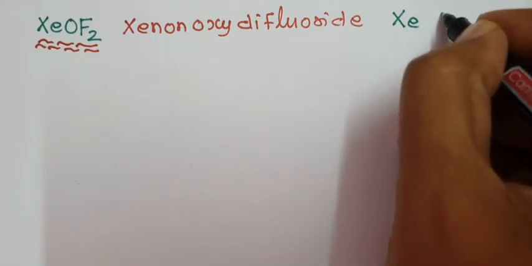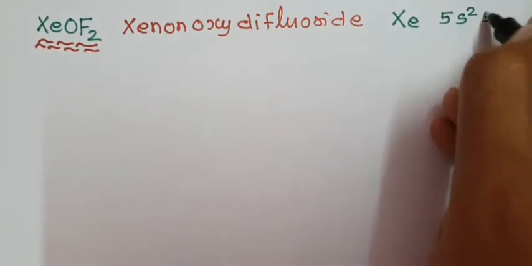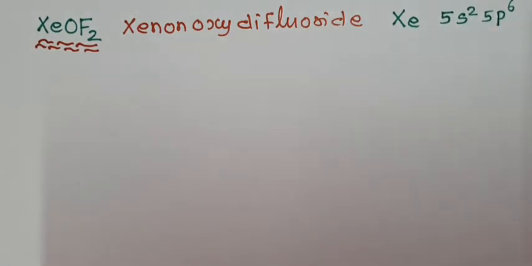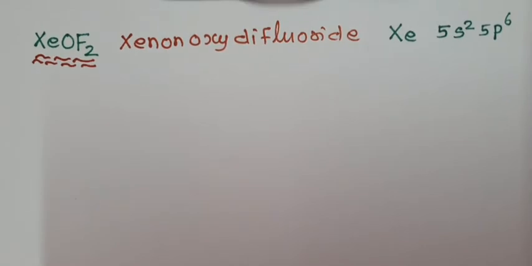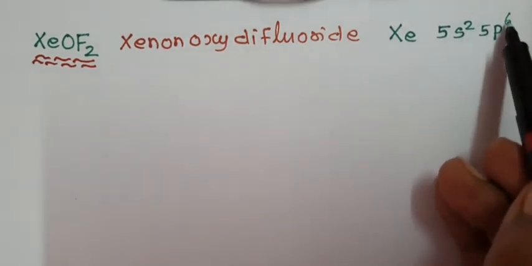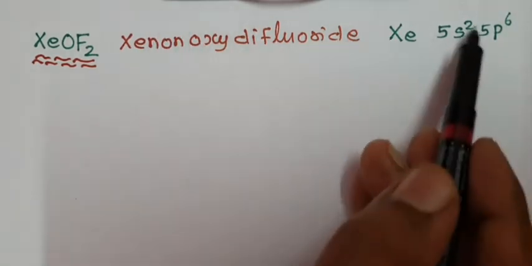The outermost electronic configuration is 5s2 5p6. Remember, the number of valence electrons in xenon, the central non-metal atom, is 8.